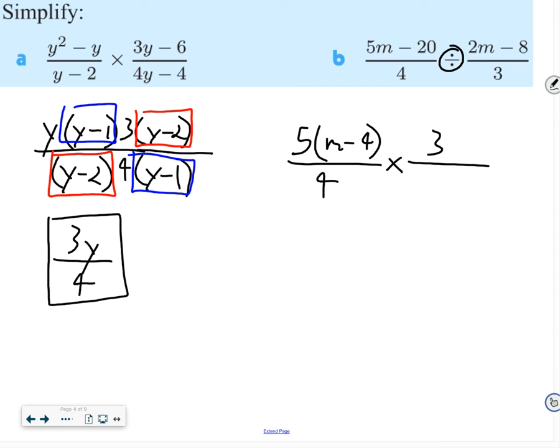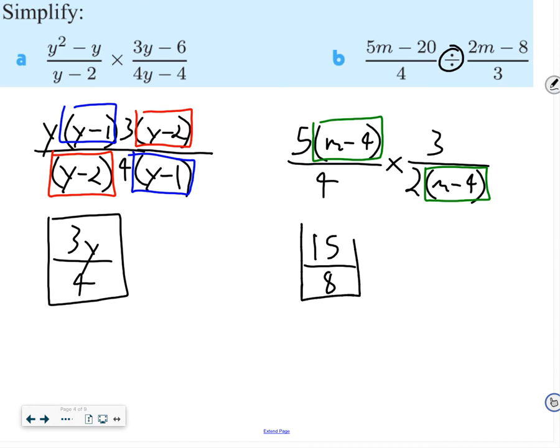Common factor is a 2, m minus 4. Now again, I identify common factors, m minus 4, m minus 4. Those will simplify to 1, so what am I going to get? 15 over 8, and that is my simplified form.